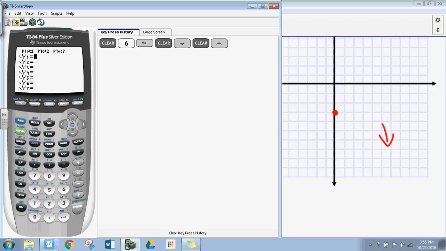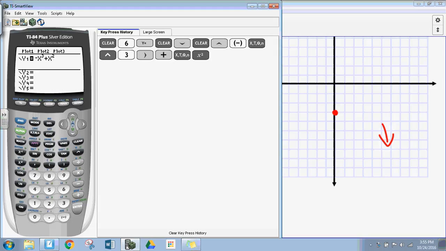So we have negative x to the third plus x squared plus 3x minus 3. So now we're going to look at the graph.